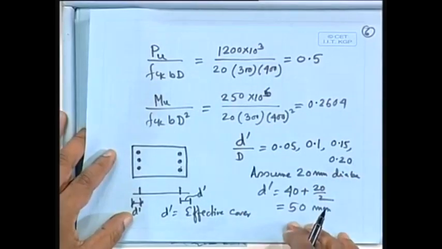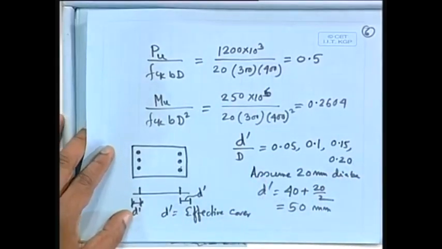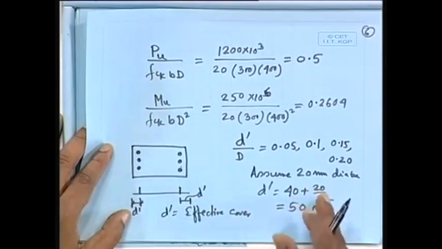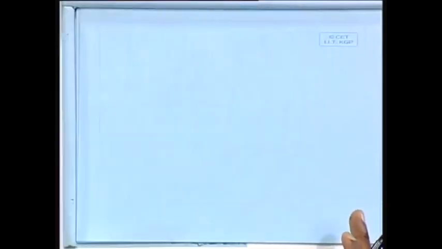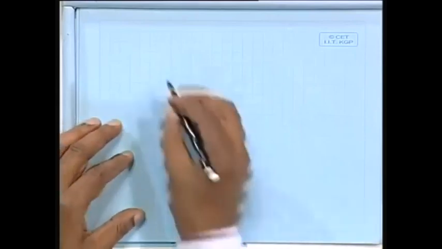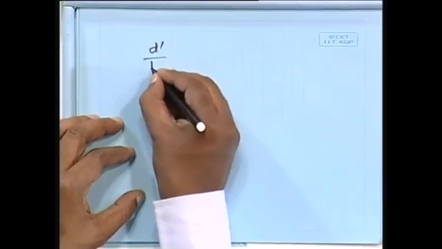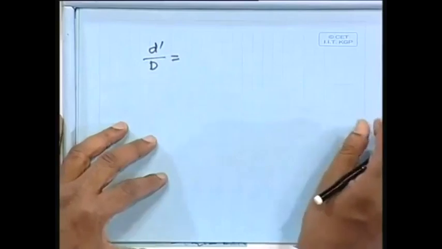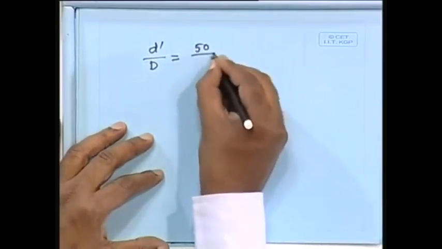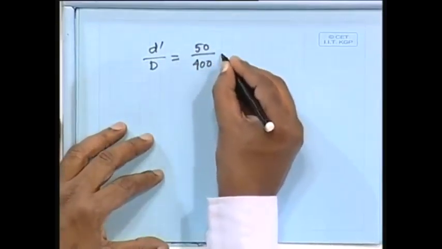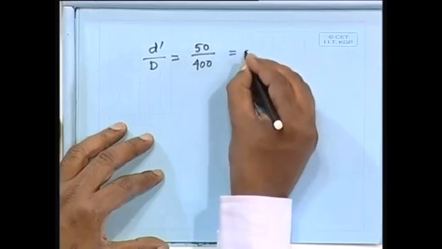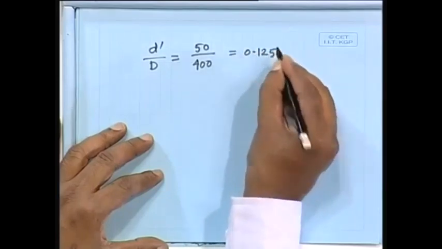Initially also I have taken a section, I do not know, but anyway that is a trial section. Here also I am trying with 20 millimeter dia bar. So d dash by D equal to 50 by 400, and which comes as 0.125.